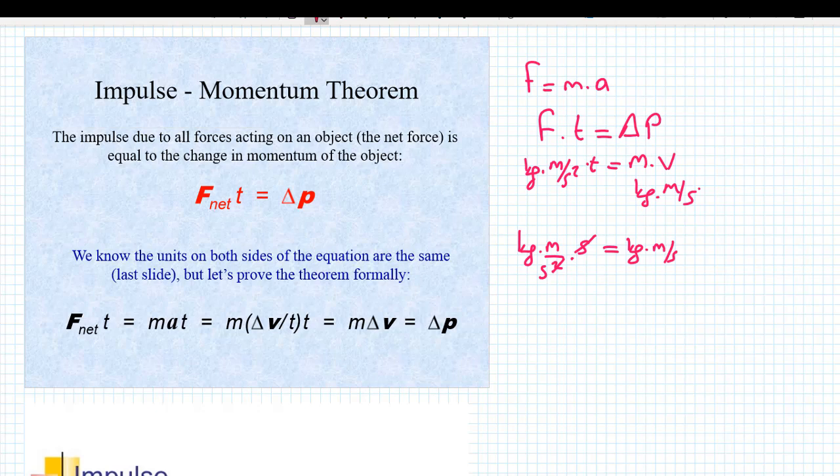Meaning that we can say Newton times second equals kilogram times meter per second. This is impulse, this is momentum. The impulse equals the change in momentum.